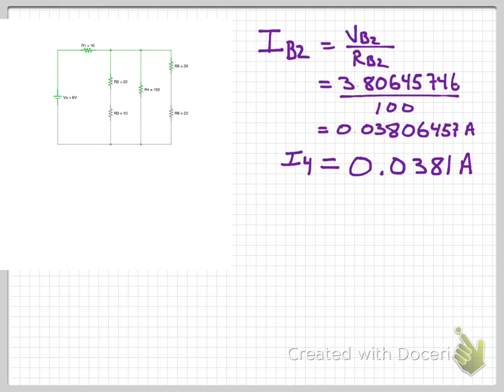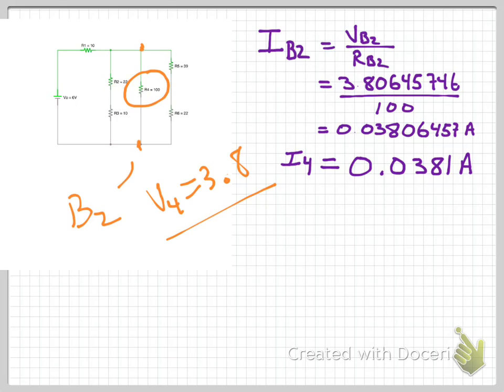Now we can use branch number 2 as another example. So we could figure out the current that runs through branch 2. We know that the V4 is going to be that 3.8. We've already figured that one out in the previous question, because we know that each one of these branches is 3.8 volts across. Since there's only one resistor there, then it's going to take all the voltage, which is going to be the 3.8.